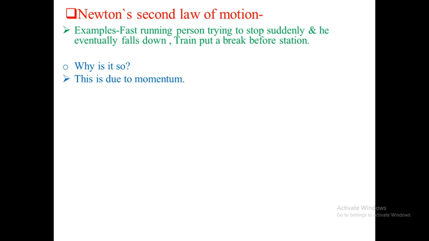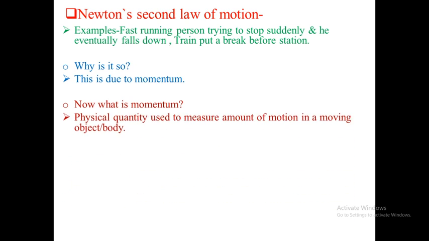So now what is momentum? Let's discuss the momentum. Momentum is nothing but a physical quantity used to measure the amount of motion in a moving object or a body. This means momentum is the term which will give you the motion in the moving object.